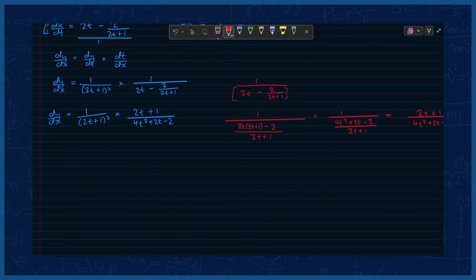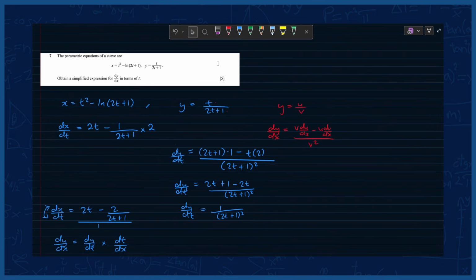And here I hope you can see that this 2t plus 1 will cancel out one of the 2t plus 1's there. So what I end up with is dy dx is equal to 1 over the 2t plus 1 multiply my quadratic 4t squared plus 2t minus 2. Alright, this is dy dx.